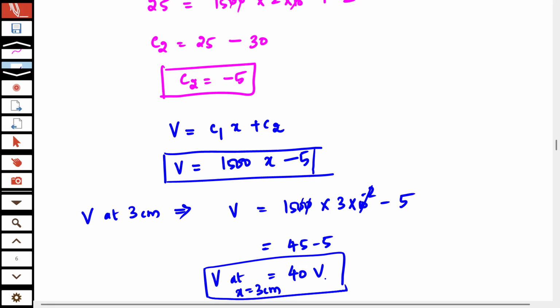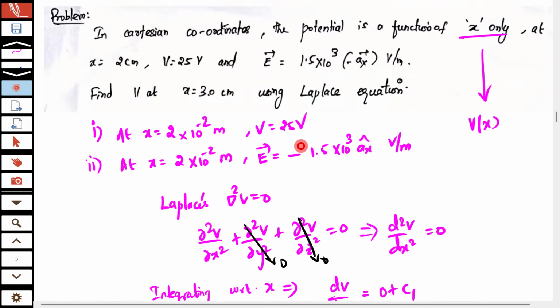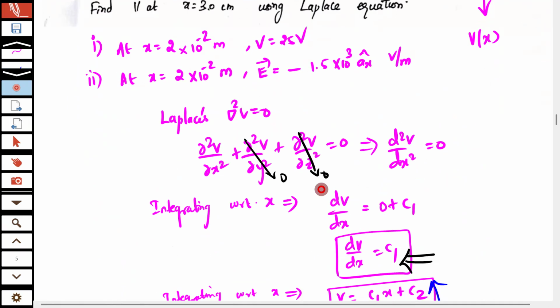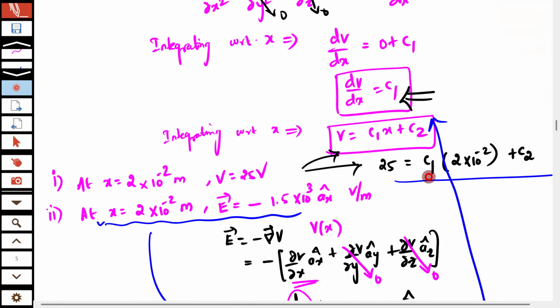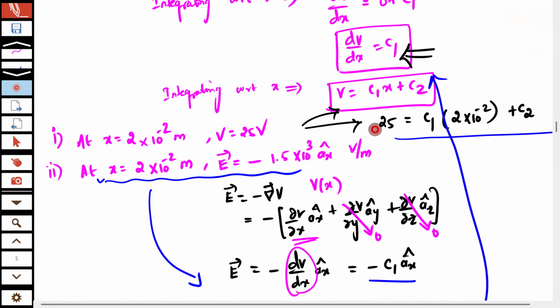So by applying the boundary conditions, we have found this. One difference in this case is the boundary conditions are given, one for potential function, another for electric field intensity. So we can write the expression for electric field intensity and potential. Electric field intensity is dV by dx. In the intermediate step, dV by dx we have found to be c1.